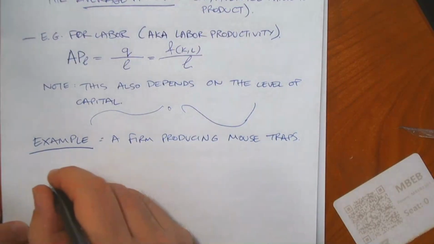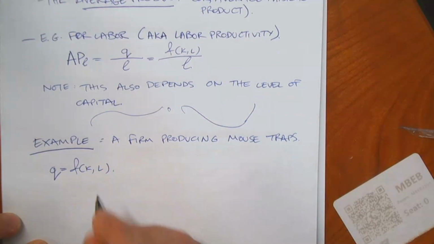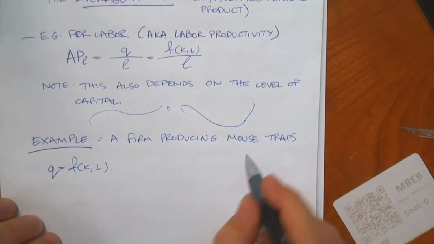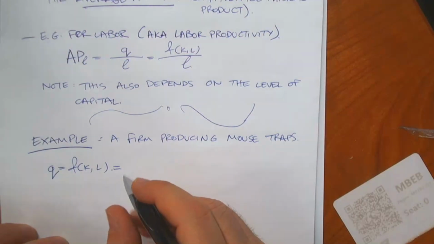So let's say you have that type of an output, f of k comma L, right? You can assume that you need some amount of labor, some human activity, and some amount of capital to produce those mouse traps. And usually some manufacturing engineer can come to an economist and say, oh, here is the technology, right?